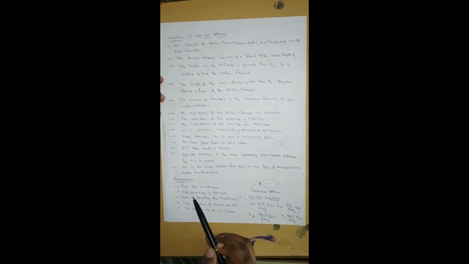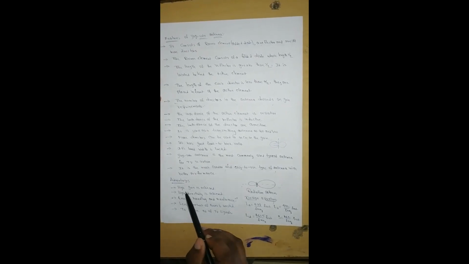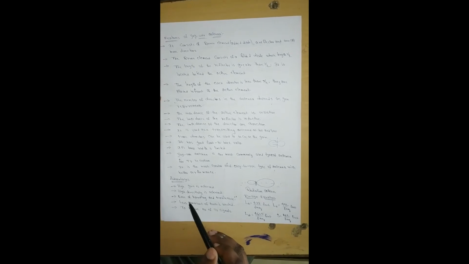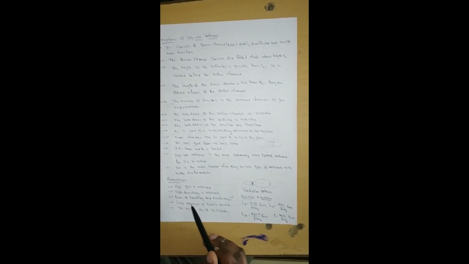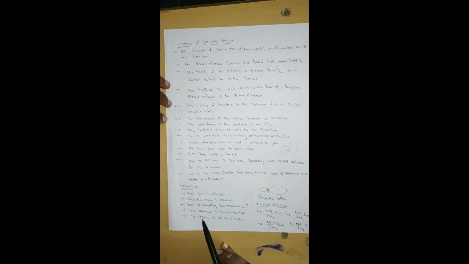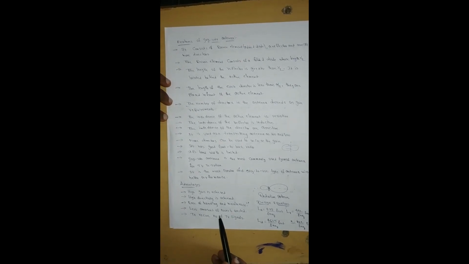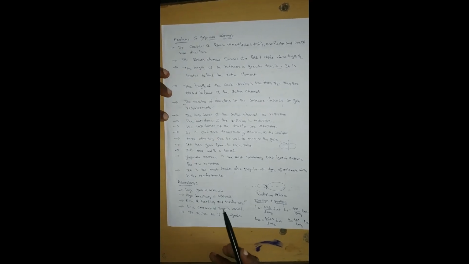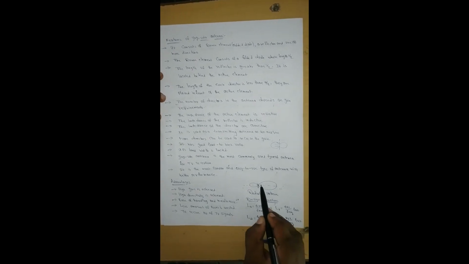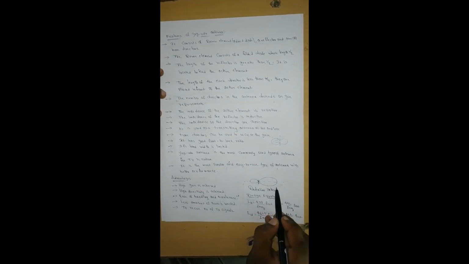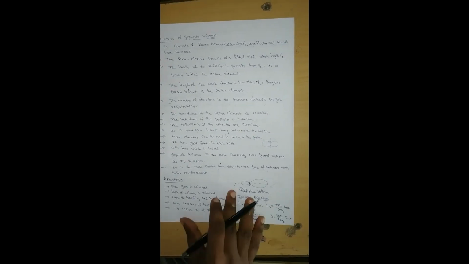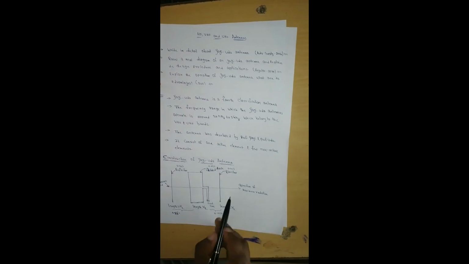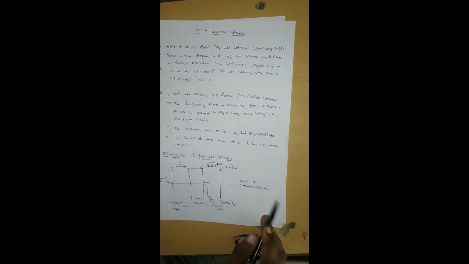The advantages of the Yagi-Uda antenna are high gain and high directivity, handling and maintenance are very easy, and less power is wasted. The radiation pattern of the Yagi-Uda antenna is mainly in one direction: in that direction the radiation is maximum, and in the opposite direction it is minimum.